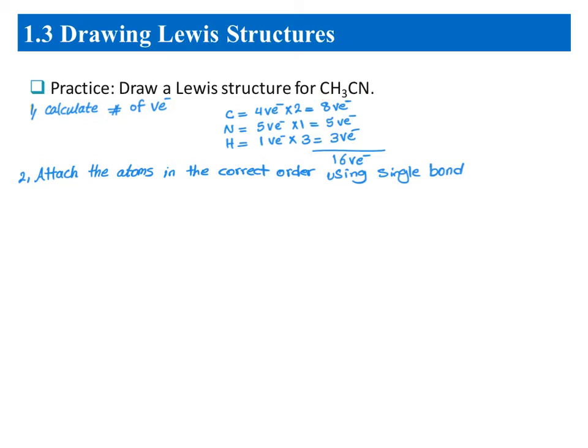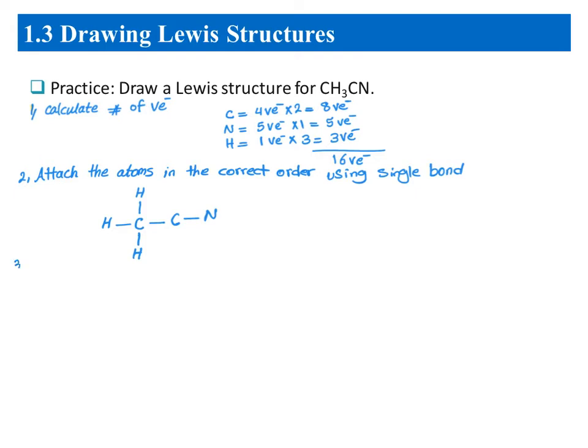So the first atom is carbon. After that we have H3. We know that neutral carbon can make 4 bonds. So I can put these 3 hydrogens connected to carbon, and then we have CN. So the second carbon can be connected to the first carbon, and we have nitrogen, which can be connected to the second carbon. Okay, so by reading through this molecular formula, I can come up with this structure.